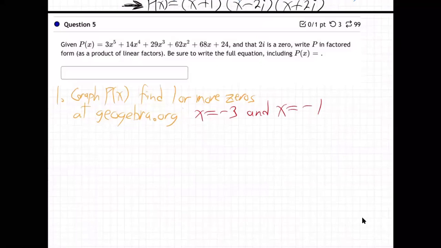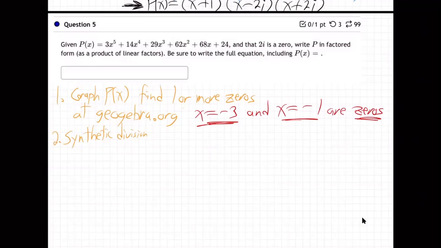Those are 2 of the zeros from the graph, -1 and -3. Okay, so what are you going to do? Now comes synthetic division, but we're going to do it twice. Actually, more than twice. I'll show you. We're going to have a big, long synthetic division problem here. Here we go. So synthetic division like crazy.